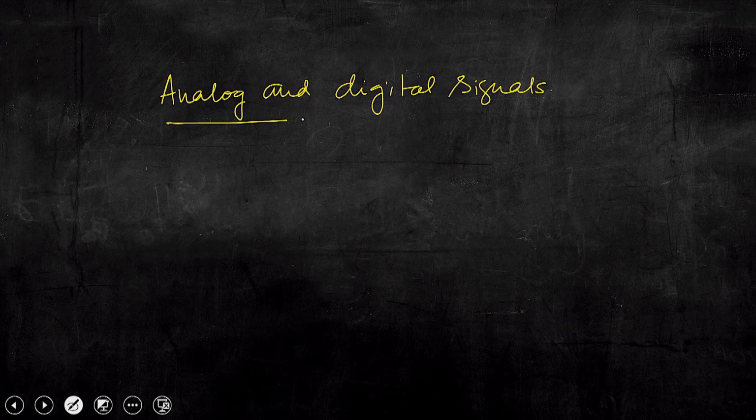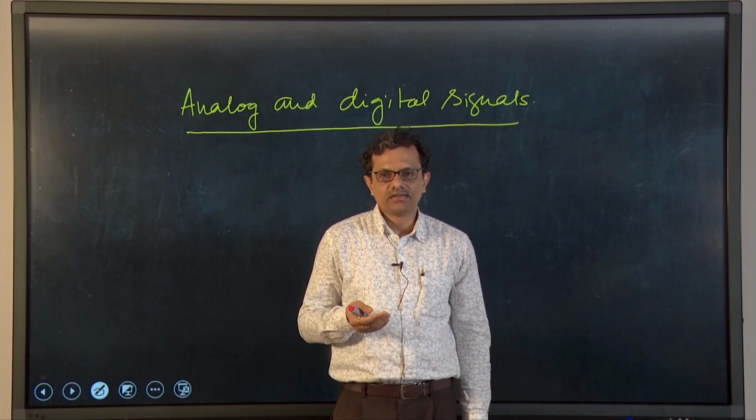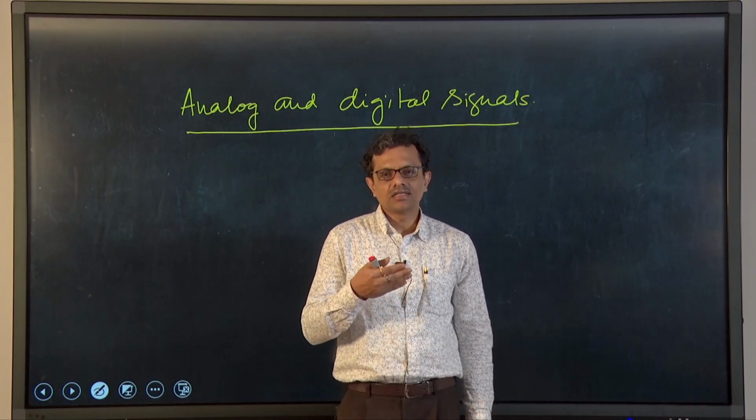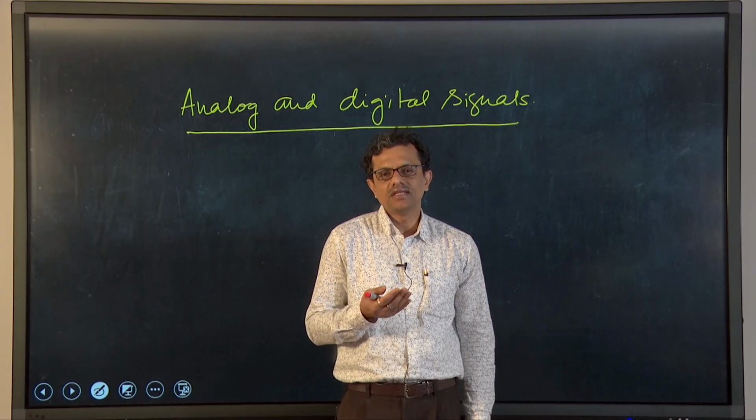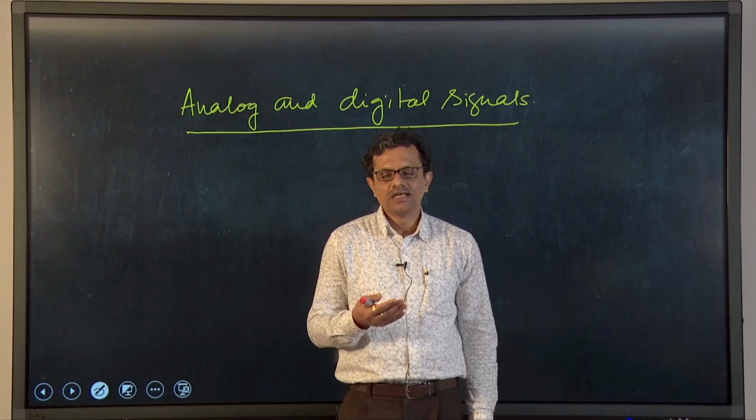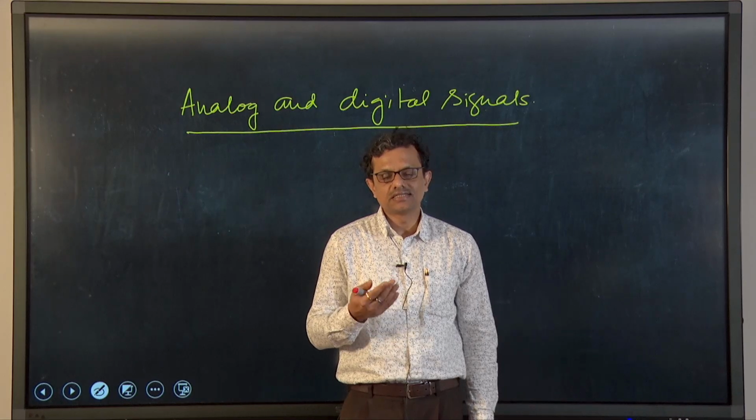We had seen that typically the input to a sensor is any physical variable, and the sensor output is an electrical signal. That signal may be an analog signal or a digital signal.